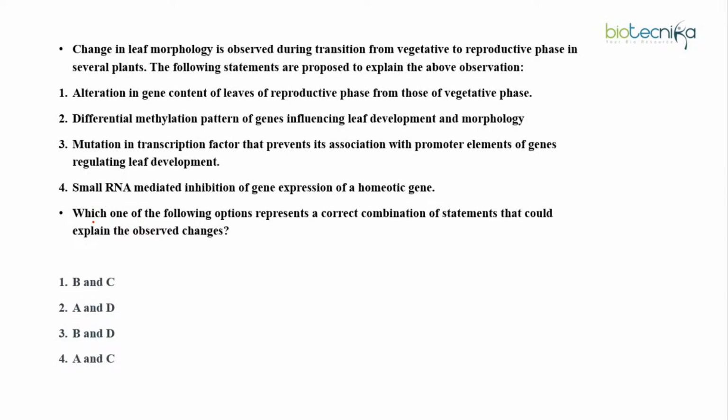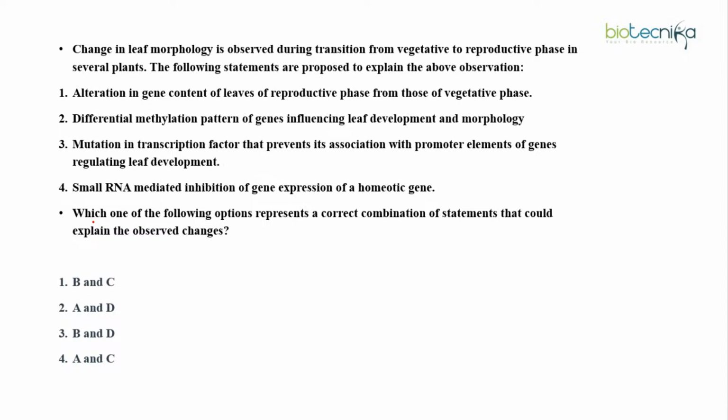Now next question. So change in leaf morphology is observed during transition from vegetative to reproductive phase in several plants. The following statements are proposed to explain the above observation. Alteration in gene content of leaves of reproductive phase from those of vegetative phase. Differential methylation pattern of genes influencing leaf development and morphology.